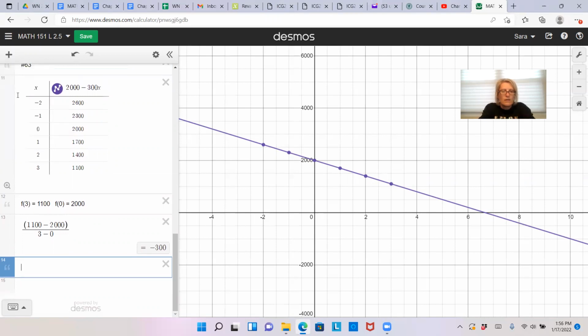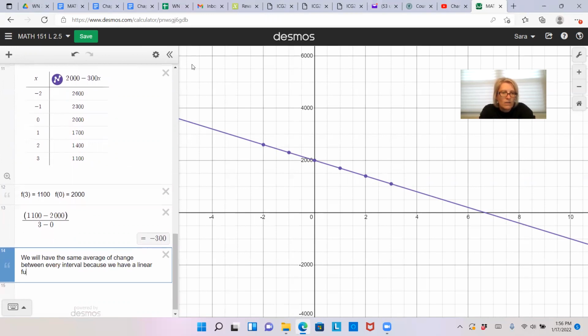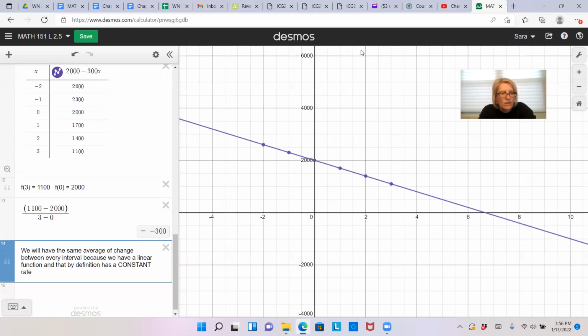Our note is we will have the same average rate of change between every interval because we have a linear function, and that by definition is a constant rate of change.